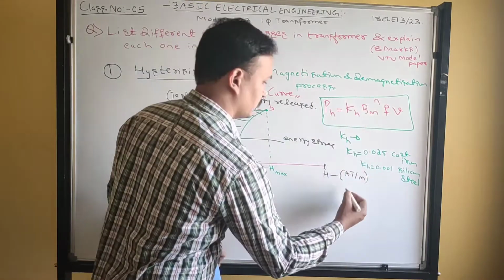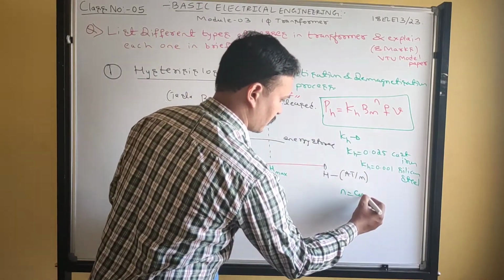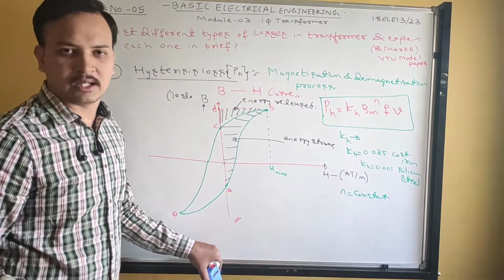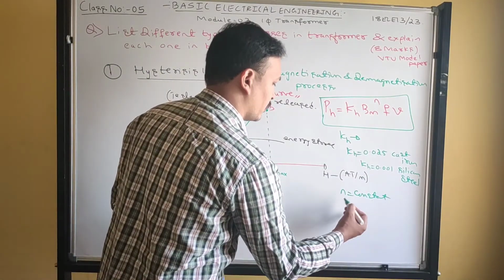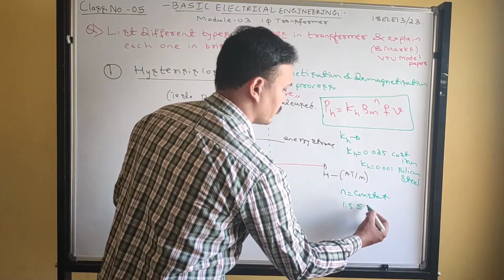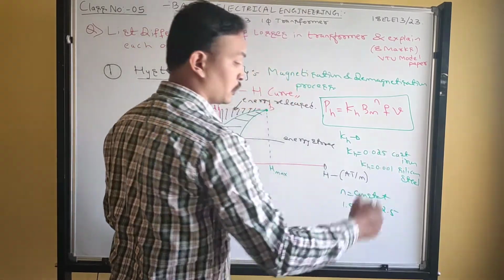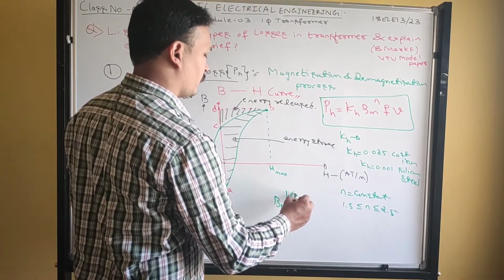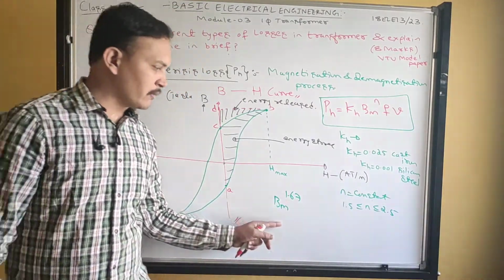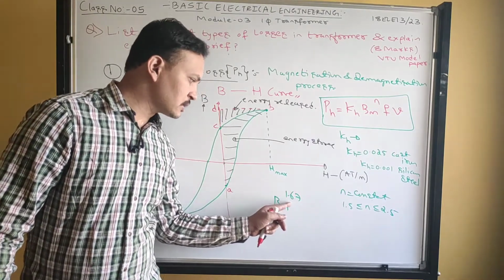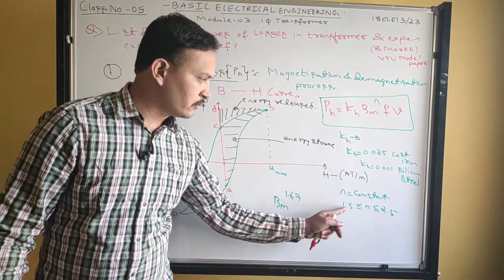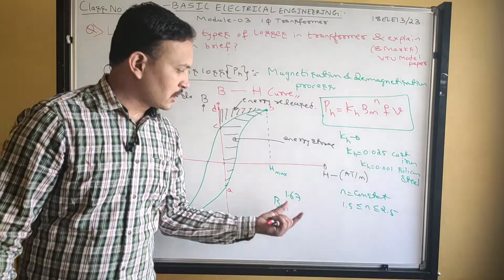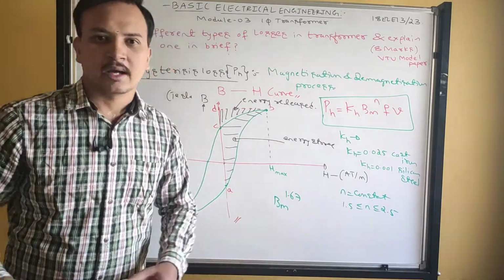And its power n is nothing but a constant. This constant depends on the core material. Whichever material you select, that value changes. Initially, its value varies from 1.5 to 2.5. So in my notes, I have written Bm to the power of 1.67. That is called the constant n. That n varies from 1.5 to 2.5. You can write like this, otherwise you write one value directly there. That is also correct.